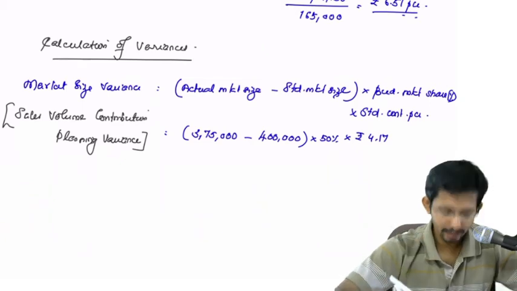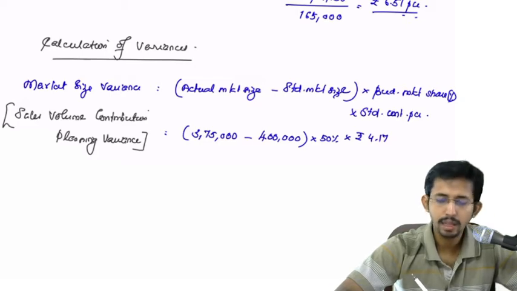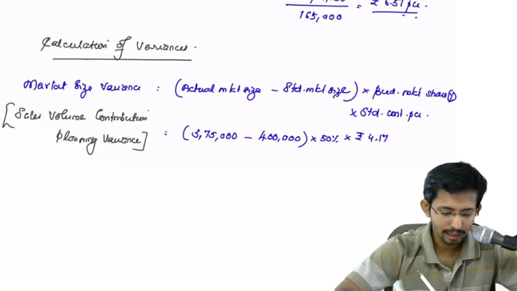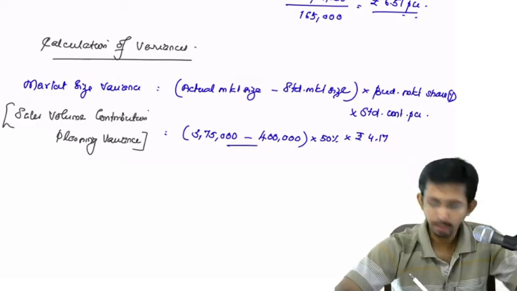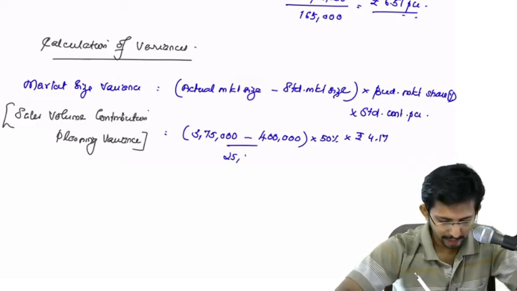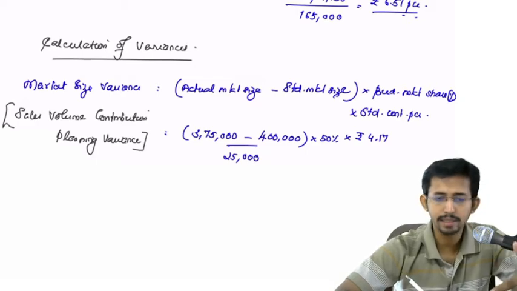Did you get that point? See, the expected market size was 4 lakhs, but it turned out to be 3,75,000. So the difference is 25,000, the fall in the market size.